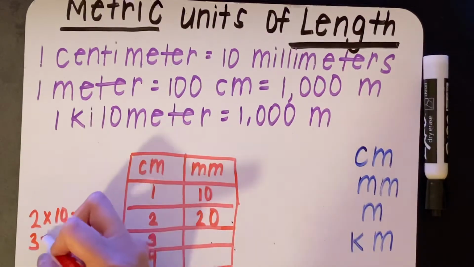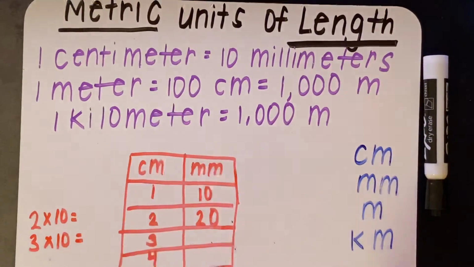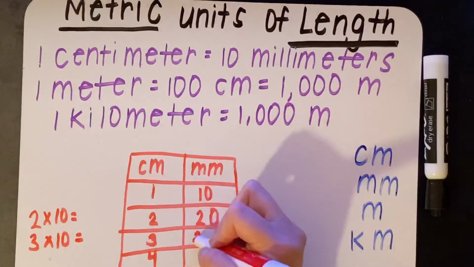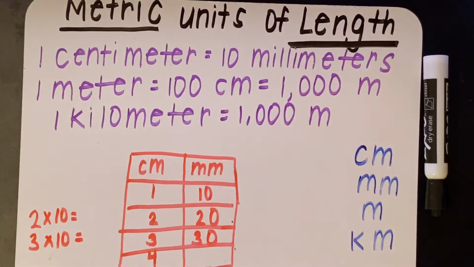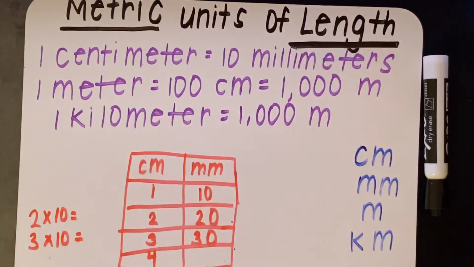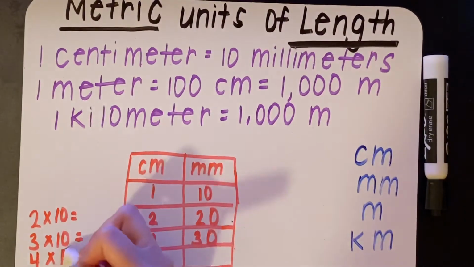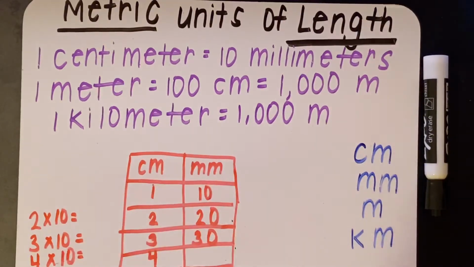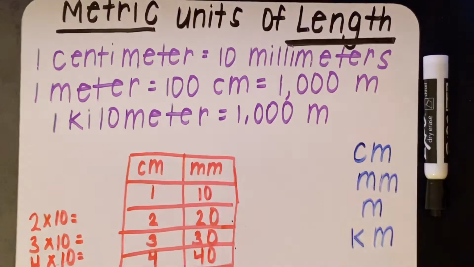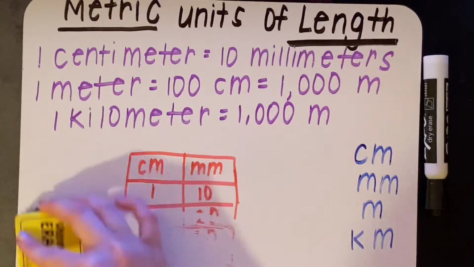So 3 centimeters at 10 millimeters each would be 30 millimeters. 4 centimeters, 10 millimeters each would be 40 millimeters. You also may start to notice a pattern when you're filling out a chart like this. It would be increasing by however many the number is of the unit that you're converting to.